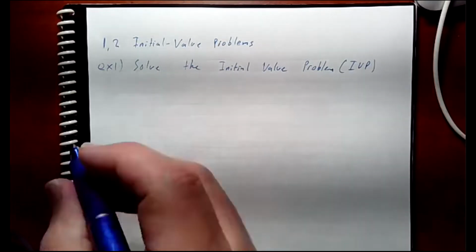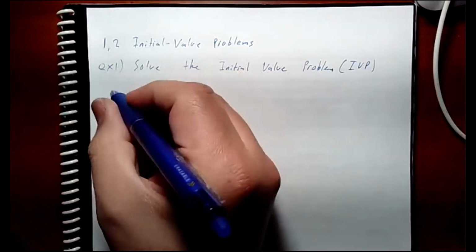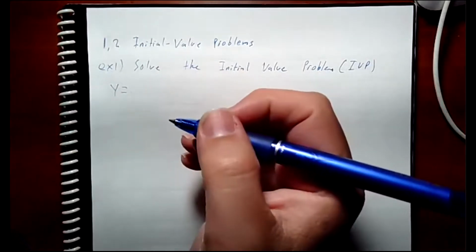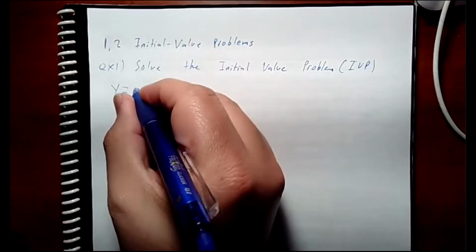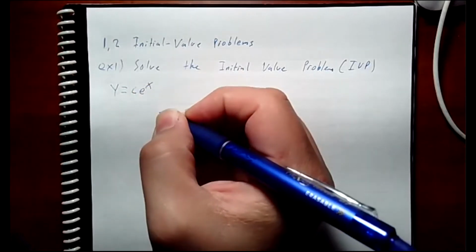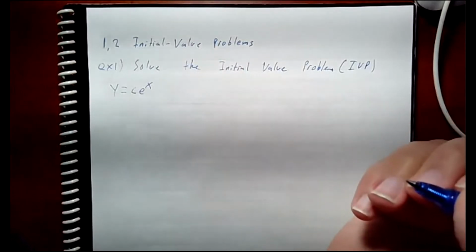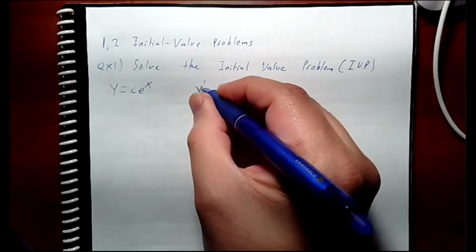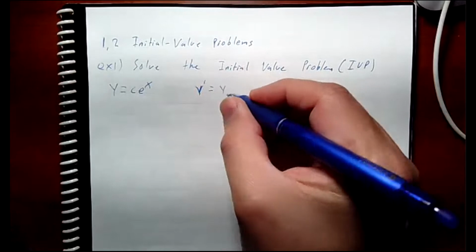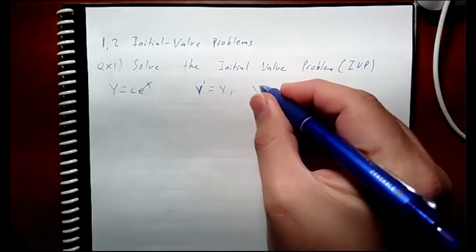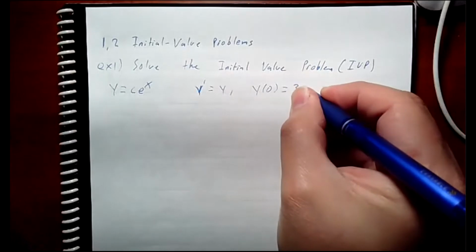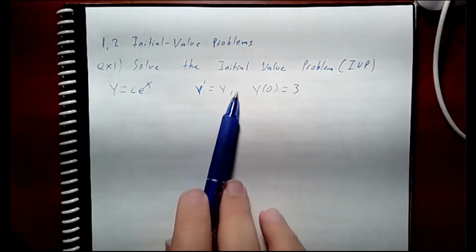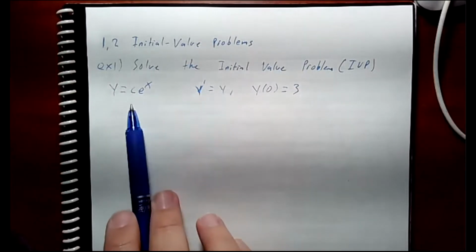So if they give you, let's say, y is equal to Ce^x, y prime is equal to y, and we're given this initial condition y of 0 is equal to 3. Usually you don't know the solution, all you're given is this, right? And then you try to solve for it.